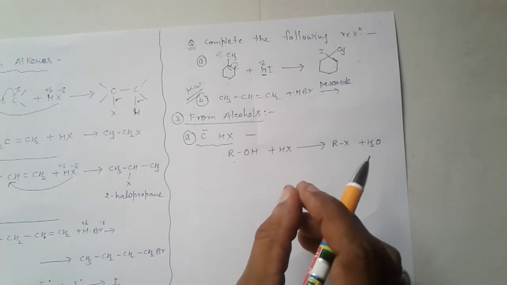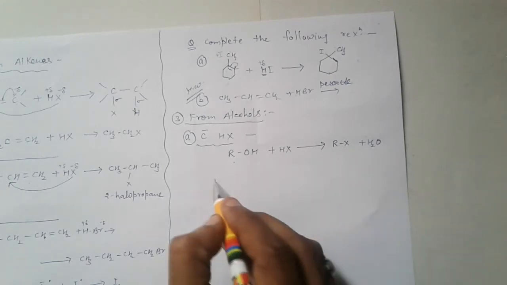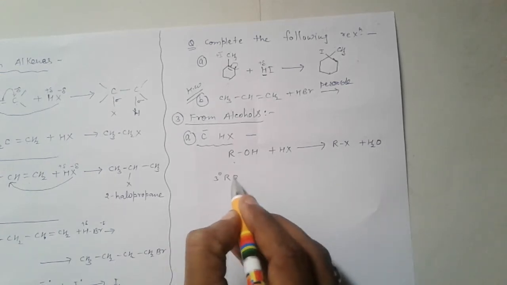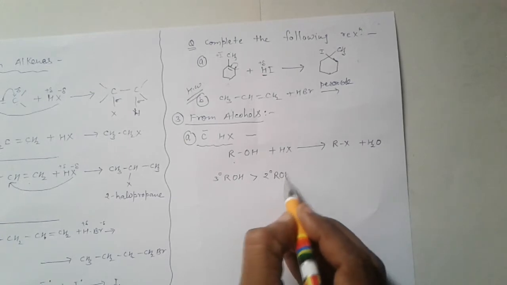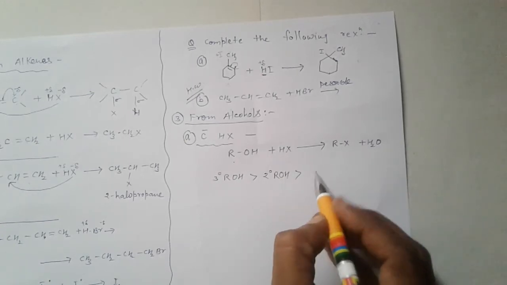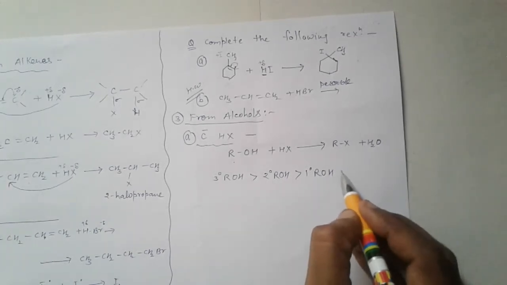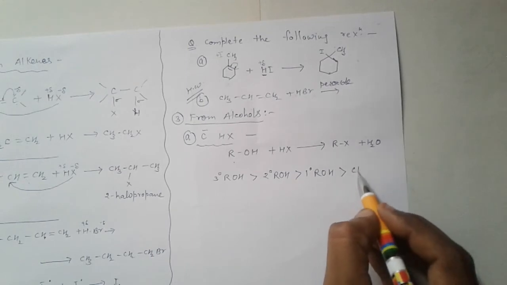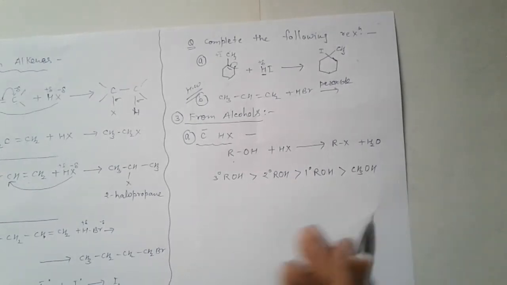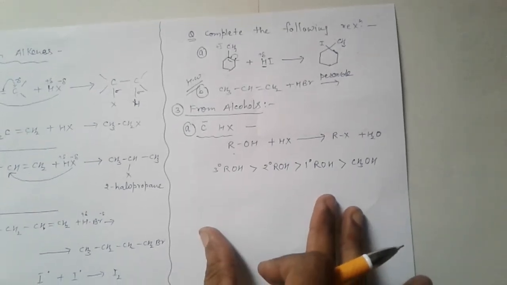Among the alcohols, the order of reactivity with HX is 3 degree alcohol is greater than 2 degree alcohol, and 2 degree alcohol is greater than 1 degree alcohol. Similarly, 1 degree alcohol is more reactive than methanol towards HX.